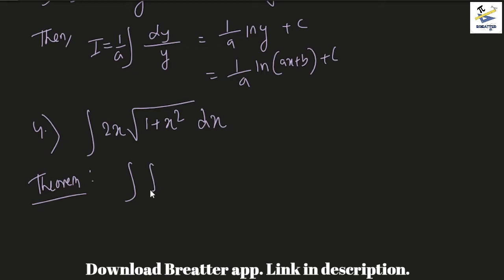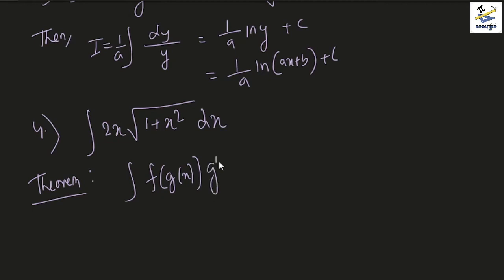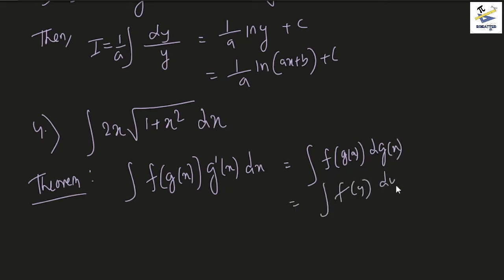The theorem says that if you have f of g(x) into g prime (x) dx, this is the form of the integral, which as you can see is the chain rule. Then this is basically equal to the integral of f of g(x) d of g(x), or you can say this is equal to the integral of f of y dy, where y equals g(x).